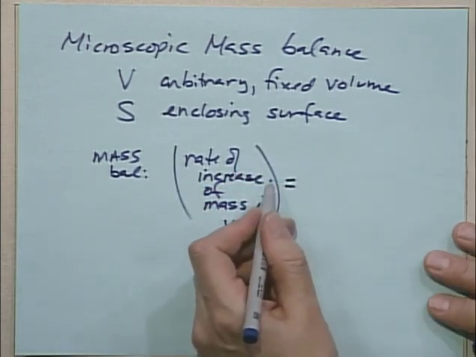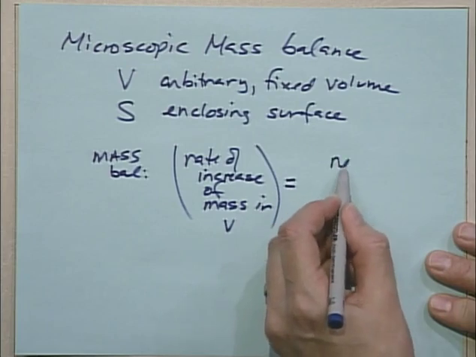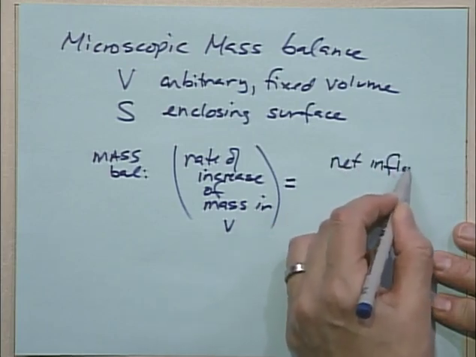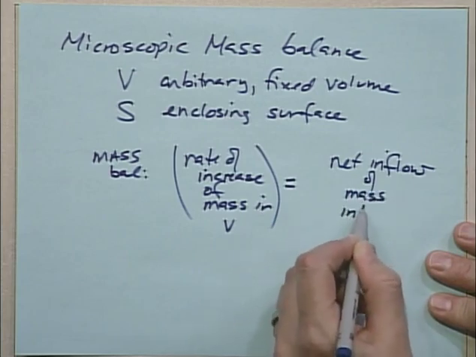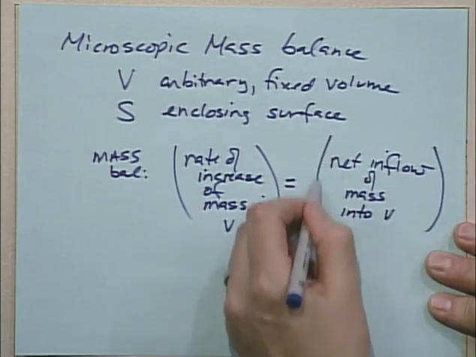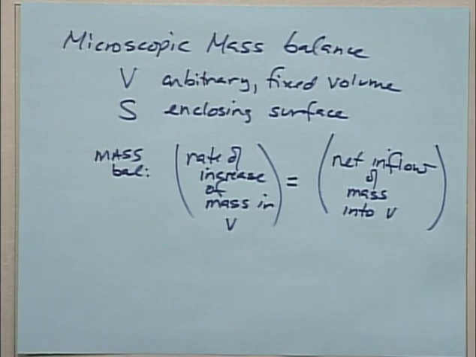It goes up because mass flows in. Net inflow of mass into V. Now, our only challenge is to write that. And it follows the methodology of the shell balance.